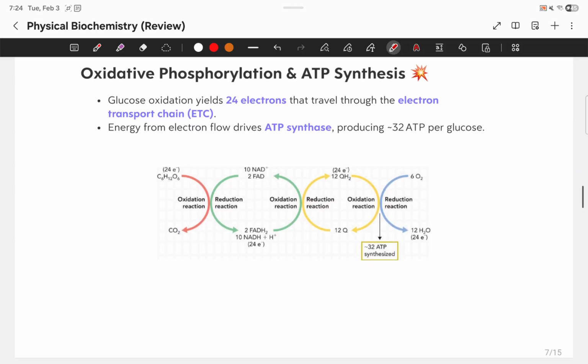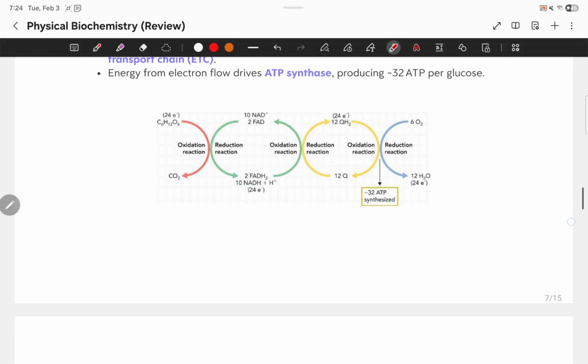So now we have oxidative phosphorylation and ATP synthesis. So glucose oxidation yields 24 electrons that travel through the electron transport chain. Energy from electron flow drives ATP synthesis, producing 32 ATP per glucose. Okay.